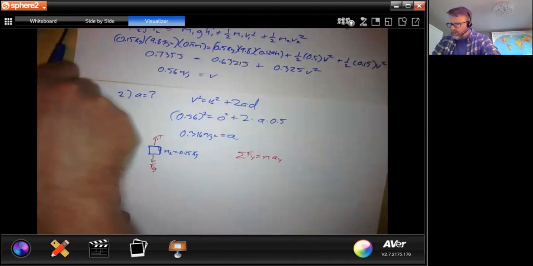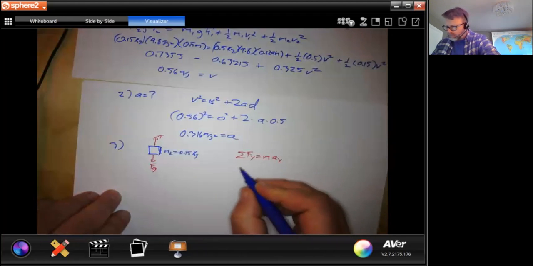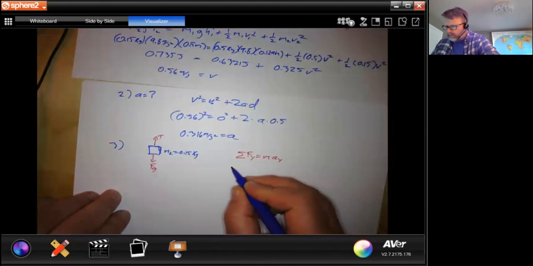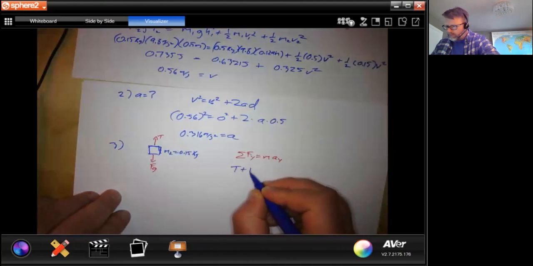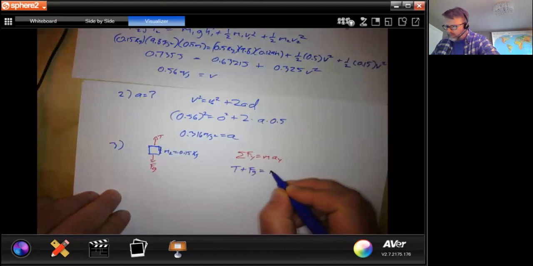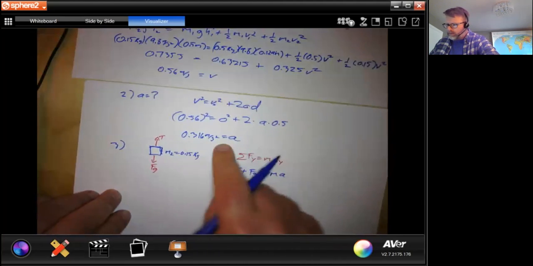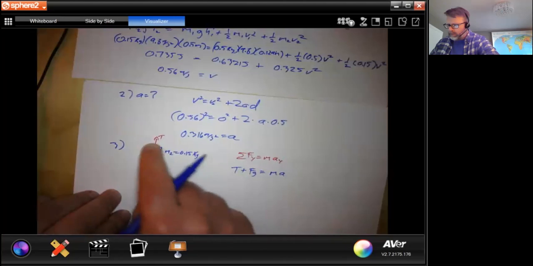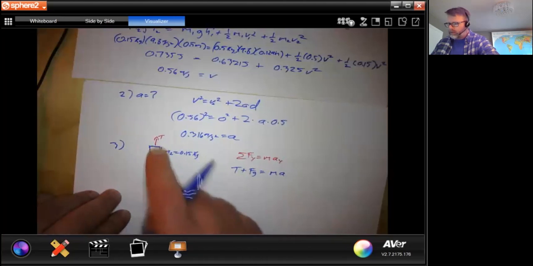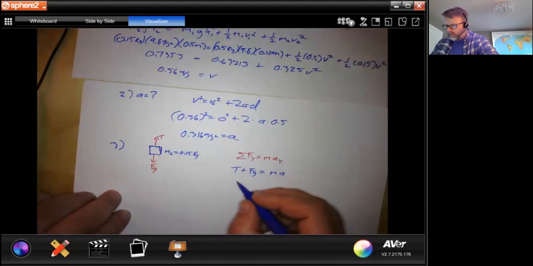So we can take the tension plus the force of gravity equals mass times acceleration, which is going to be this number. This is going down and this is going down, but this is going up. So we're going to need to show that with our numbers here.